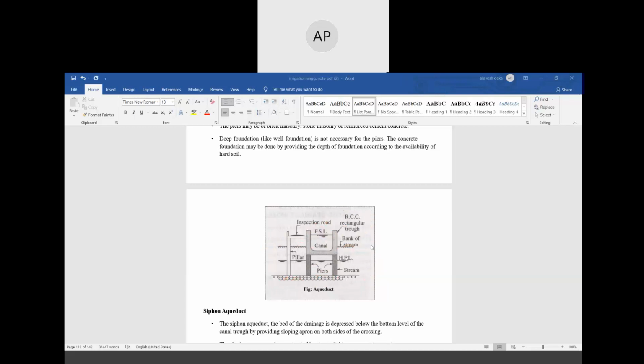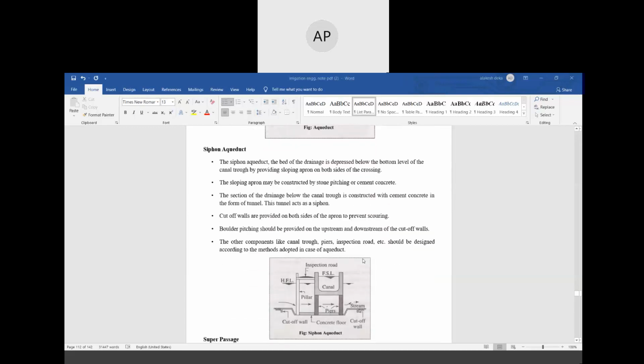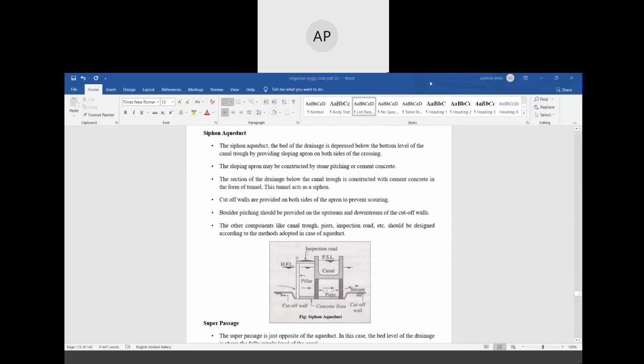Next is the siphon aqueduct. In a siphon aqueduct, the bed of the drainage is depressed below the bottom level of the canal. So here are siphon aqueduct pictures. The bottom of the aqueduct is provided with a concrete floor.